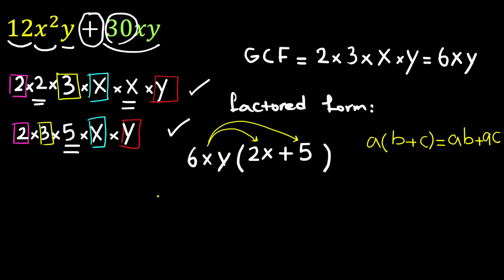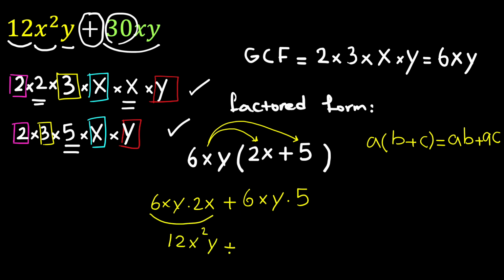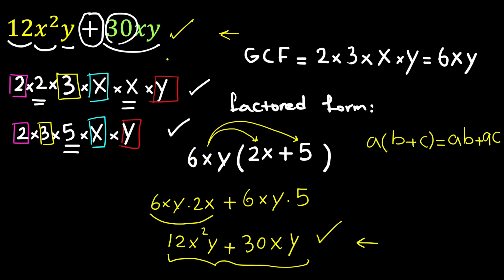So 6xy times 2x plus 6xy times 5 gives 12x squared y plus 30xy, which is our original expression. If the resulting expression matches the original polynomial, it shows your factorization is correct.